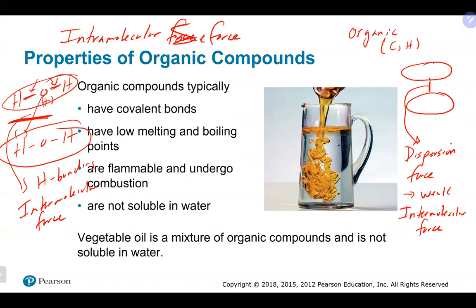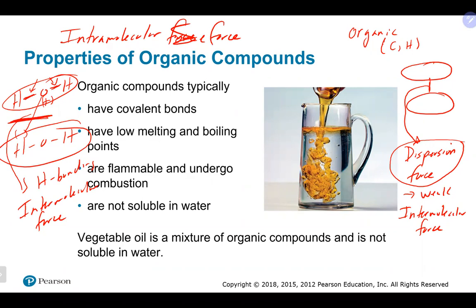How this relates again to organic compounds is they're held together by pretty much the weakest known intermolecular forces. That's why a lot of organic compounds and hydrocarbons, some of which you may be familiar with, are gases under normal conditions.